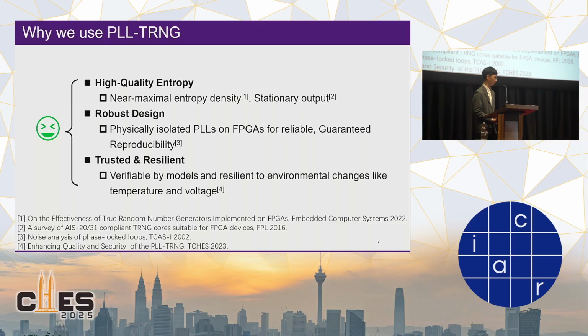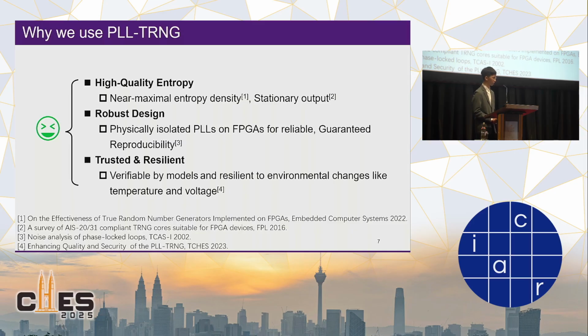And second, the PLL TRNG is a robust design, especially on FPGA platforms. The PLLs are physically isolated components on FPGAs, and they have their own separate power supply, which can prevent crosstalk or interference from the surrounding environment or digital logic. And third, it's a trusted and resilient component.